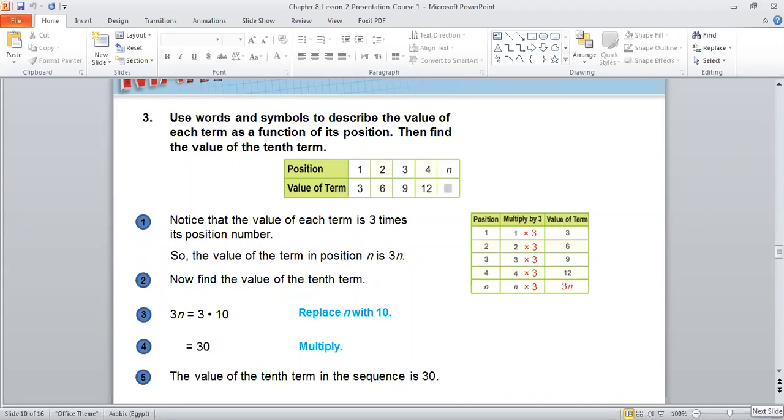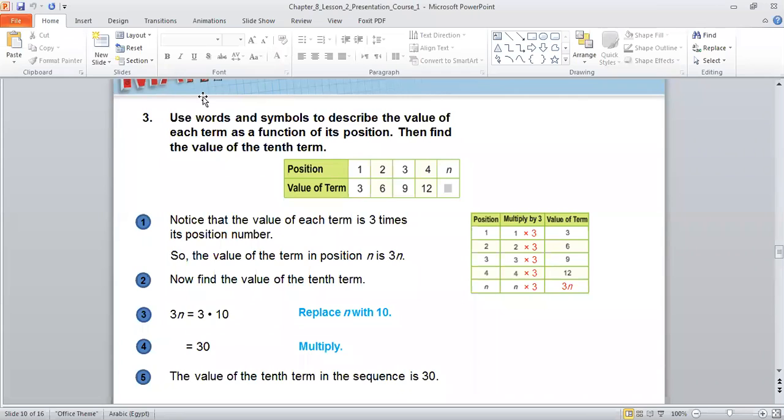If he gives me a table in this shape, he says at the top: use words and examples to describe the value of each term as a function of its position.